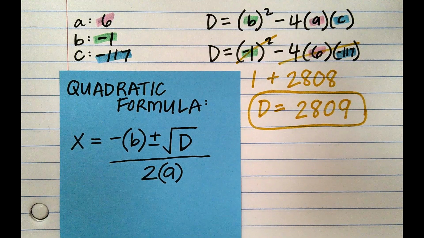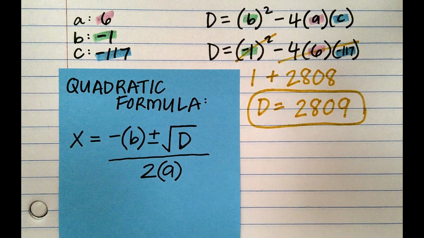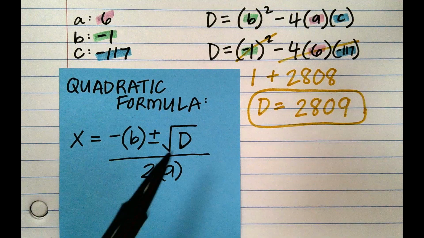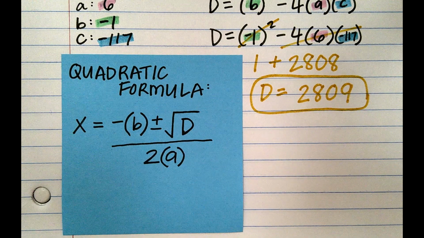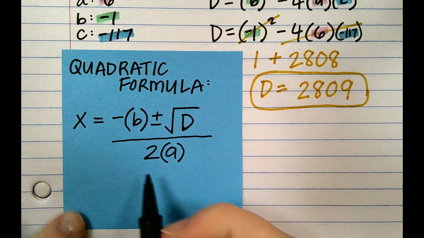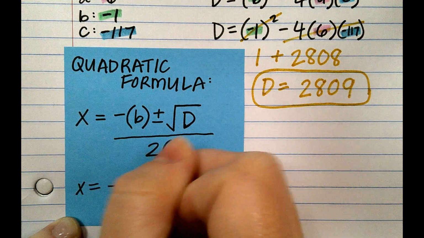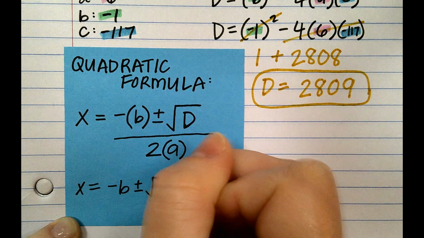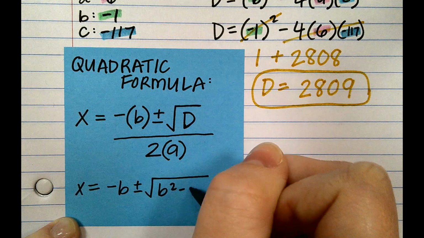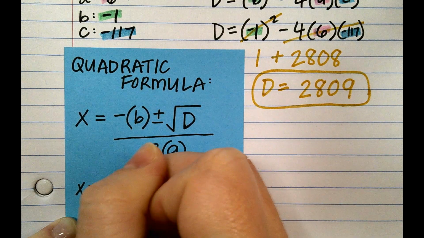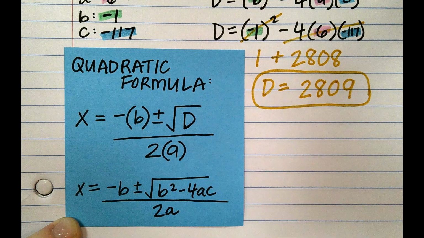I used to teach it in a way that was even scarier until I realized this shortcut. I'm going to show you the original formula that we all had to memorize. x equals negative b plus or minus the square root of b squared minus 4ac all over 2a.